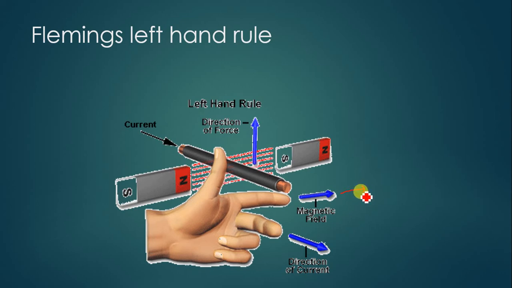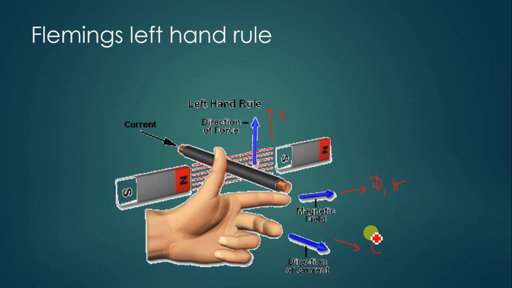Force will be shown by the thumb, the magnetic field H is shown by the index finger, and the finger next to the index finger will show you the direction of current I.